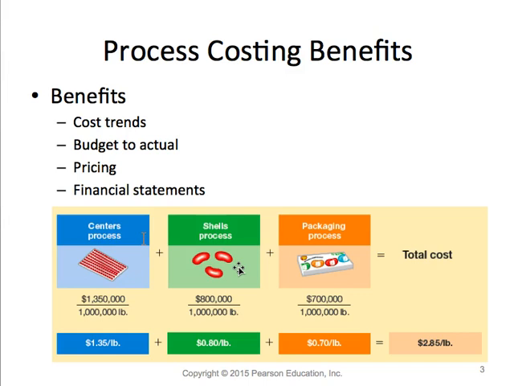When you have the cost trend, then you can look at the pricing. Are we going to increase our price? Because if your cost is going up and your prices stay the same, you may suffer by losing your profit.